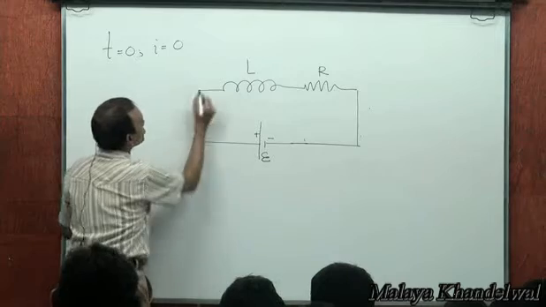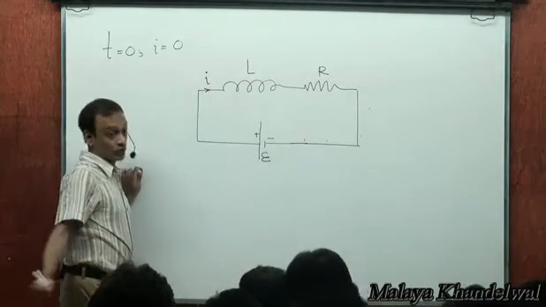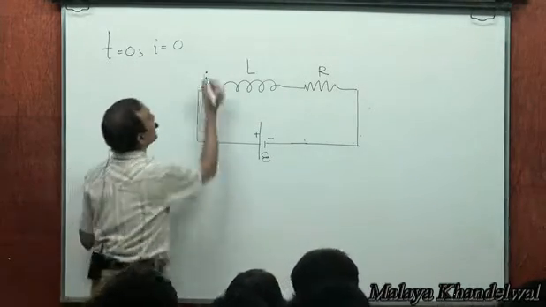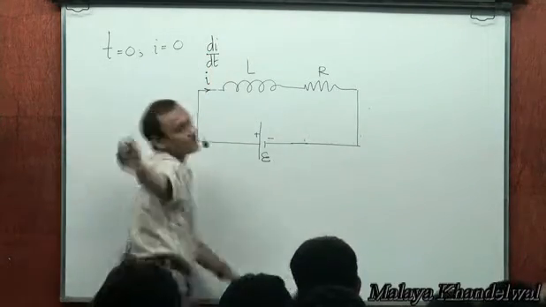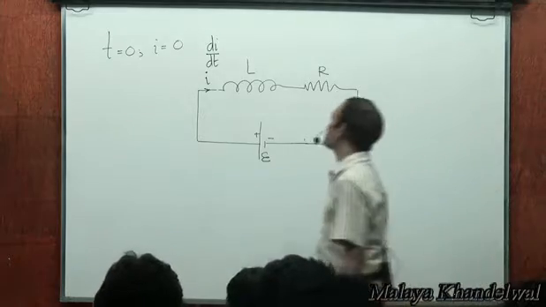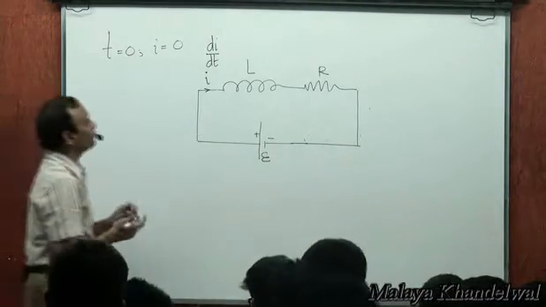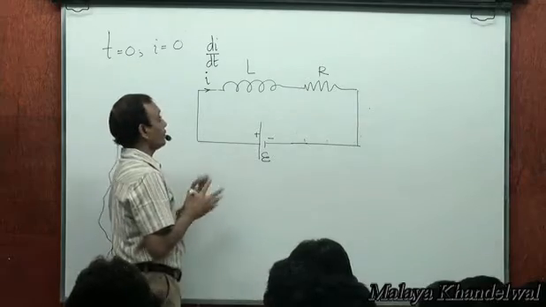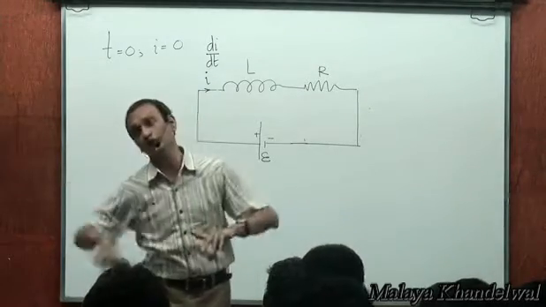At a certain instant, let's say the current was I. We are only pretending that we knew this. And there was a rate of change of I with time associated with the circuit. Now, at every instant, I could apply KVL to the loop.